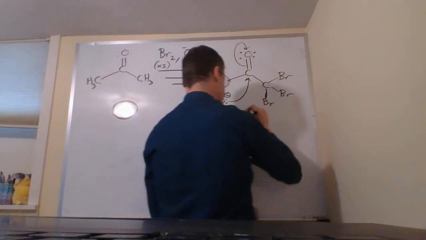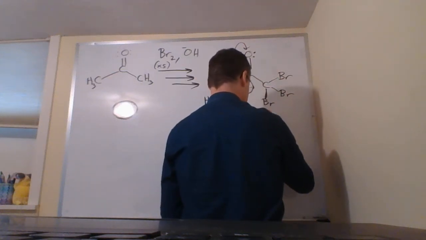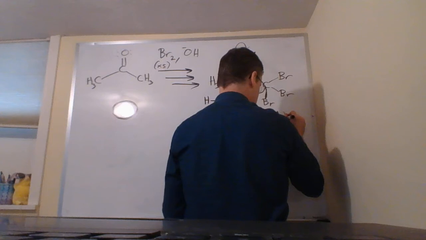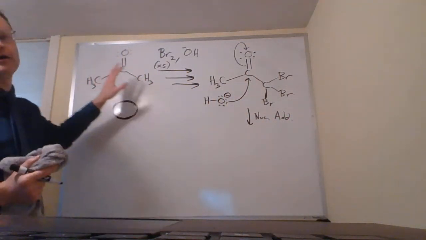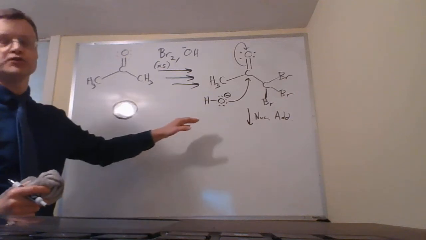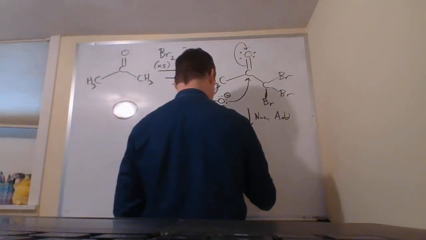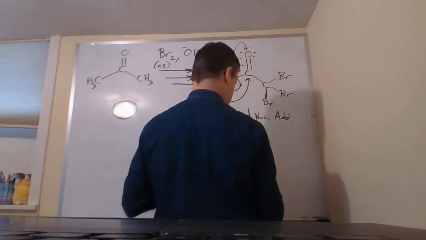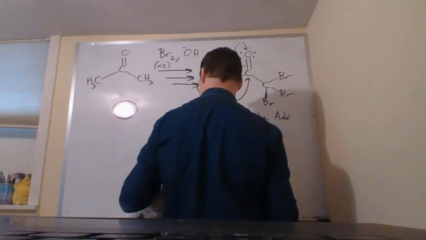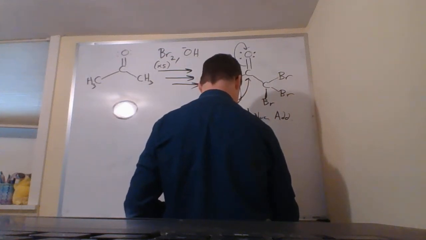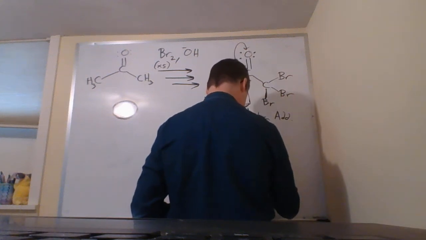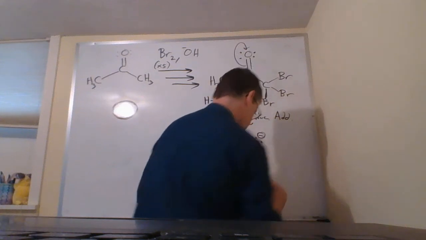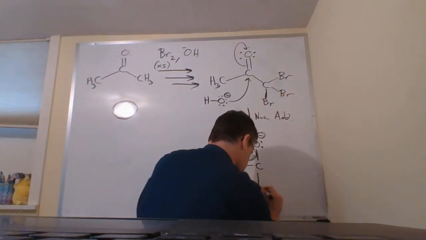So what can happen here is we can do a nucleophilic addition with our hydroxide. Up to this point, the hydroxide has been acting as a base, but it's going to act as a nucleophile at this point in the mechanism. All right.